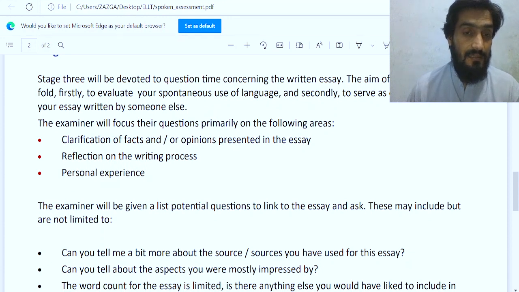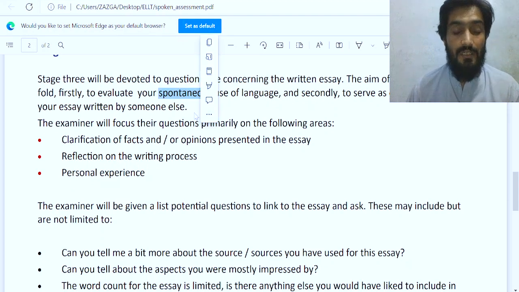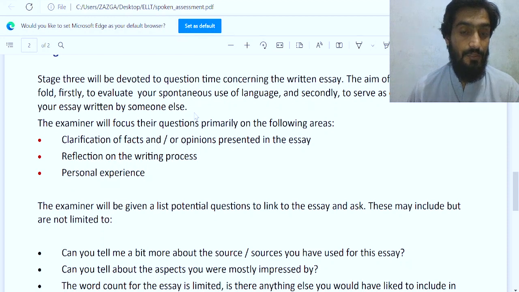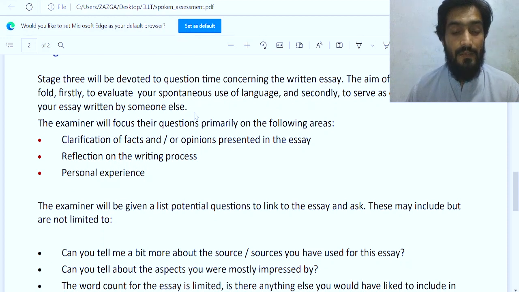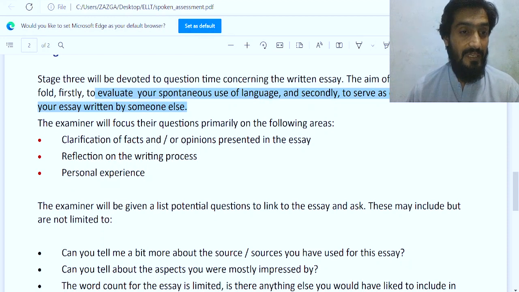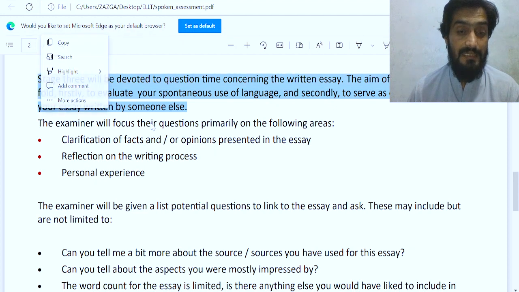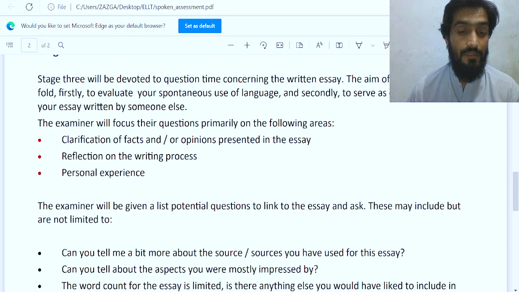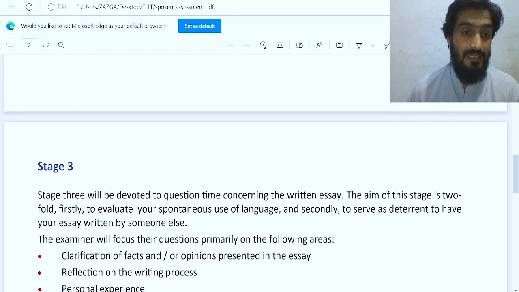If your answers are spontaneous and elaborative, and you are able to explain what the examiner asks, they will understand that you have written this essay. So be sure that you write the essay by yourself, not with the help of someone else, because you will not be able to elaborate your answer in the speaking.